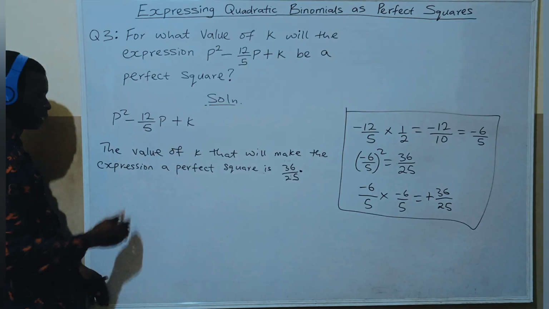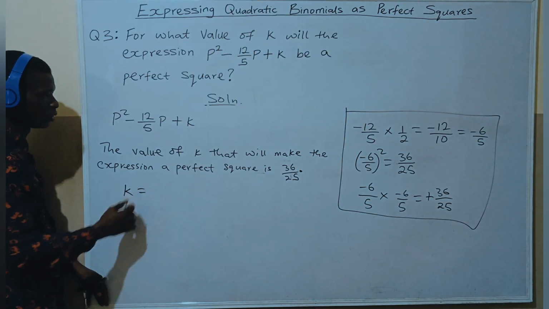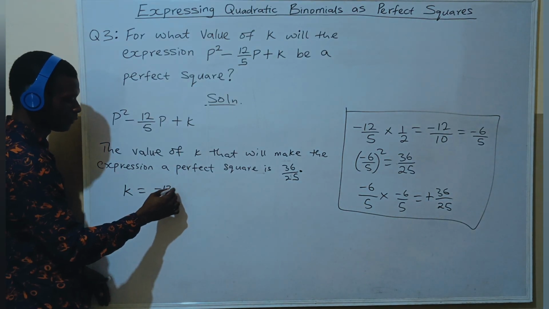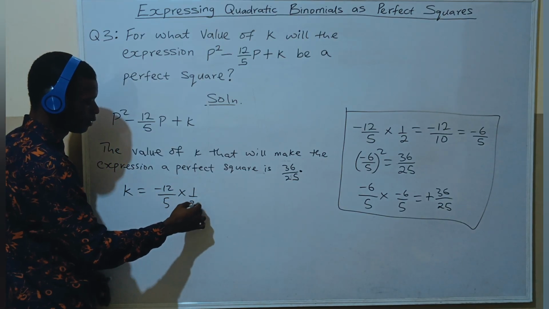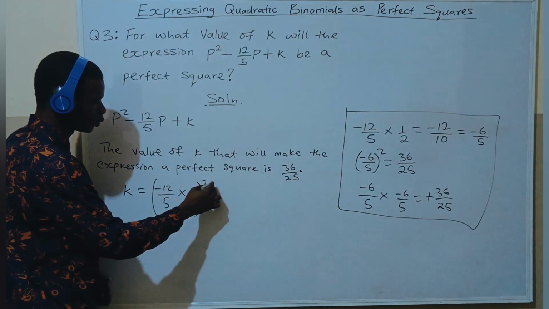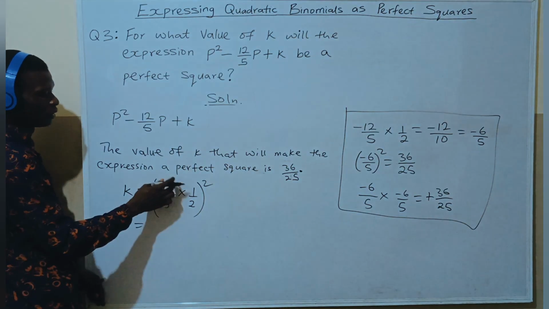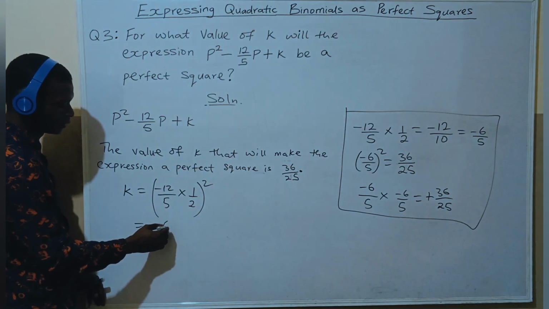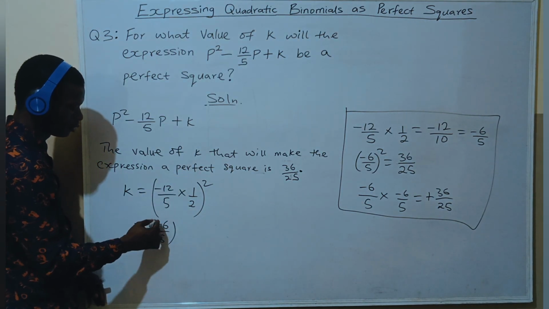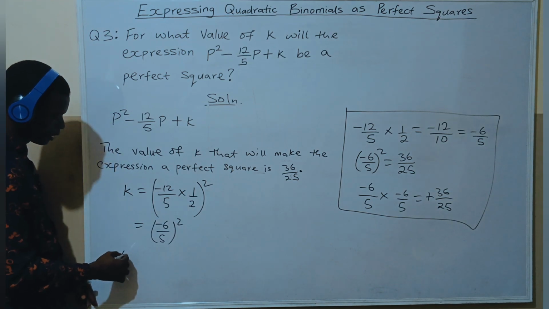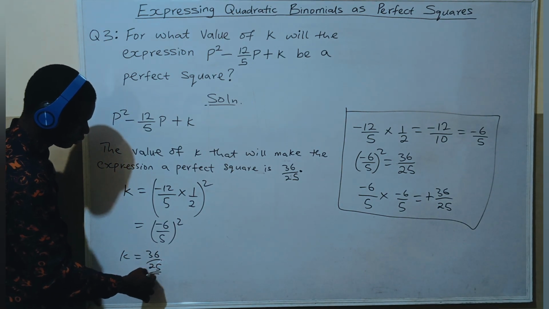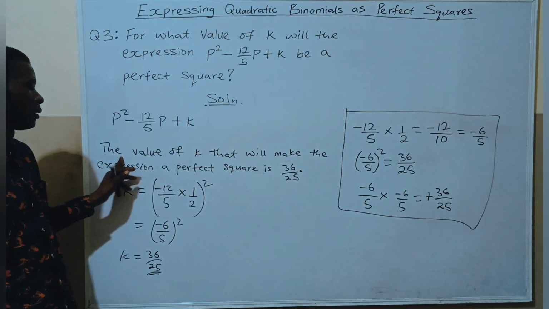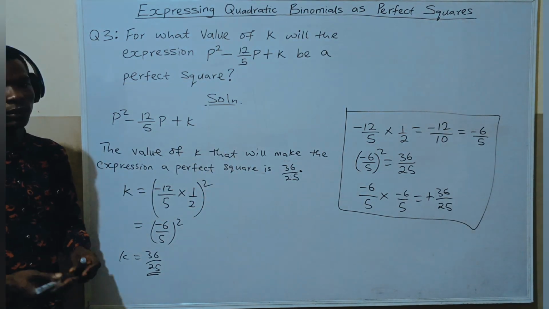All you need to do is that k has to be negative 12 over 5 multiplied by half and then being squared. So when you do that, you are going to be having negative 6 over 5 to be squared. And of course, k is going to be equal to 36 over 25. And when you have gotten that, you can now conclude by writing this particular aspect of it.